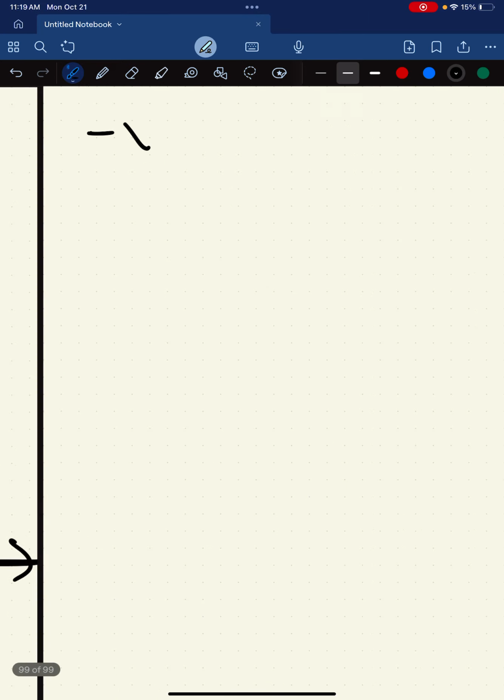Okay, let's talk about one more thing in our crash course here with inequalities, and that is going to be multiplication and reciprocation. So let's say negative x is greater than 7. Then whenever we multiply by a negative, we have to flip the sign.